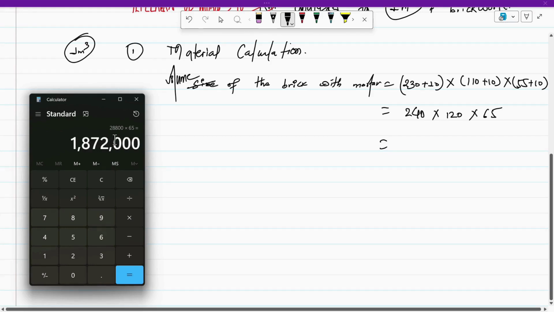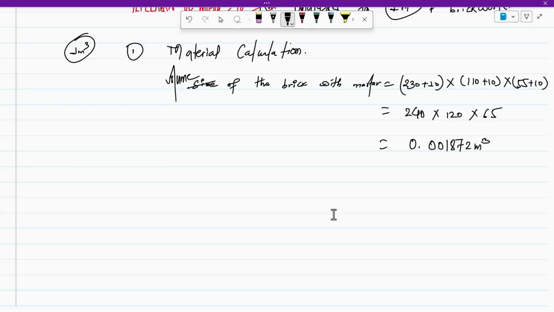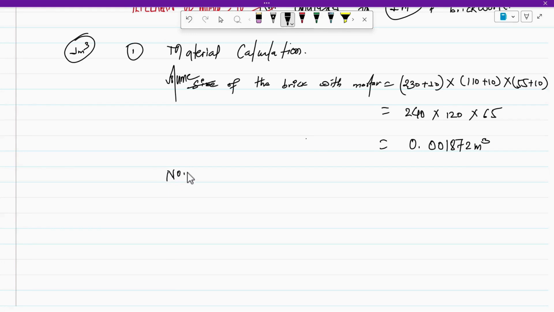I need this in meter cube because we are doing the calculation in meter cube. So I'll divide this by 1000, again by 1000, and again by 1000, and this is the volume that I'll get in meter cube: 0.001872 meter cube.